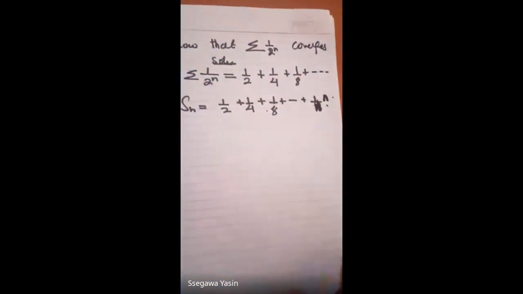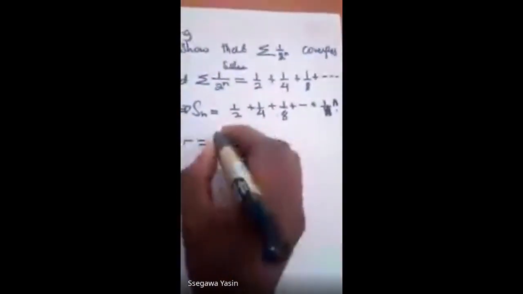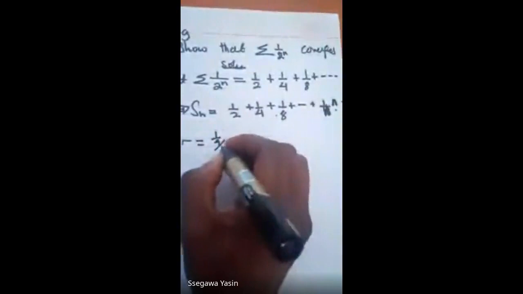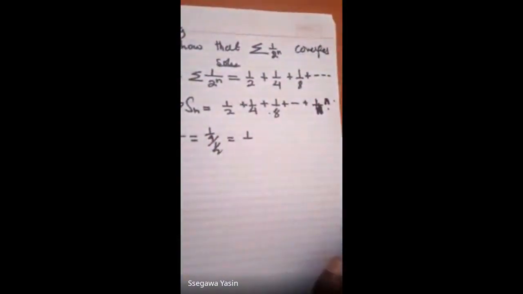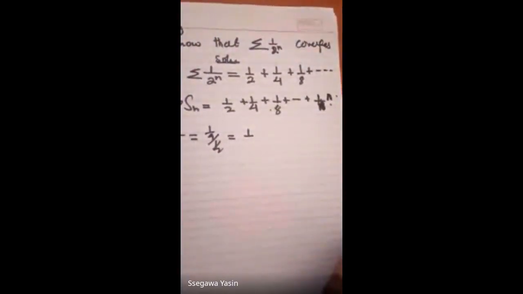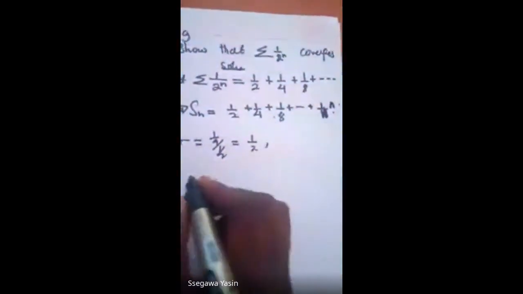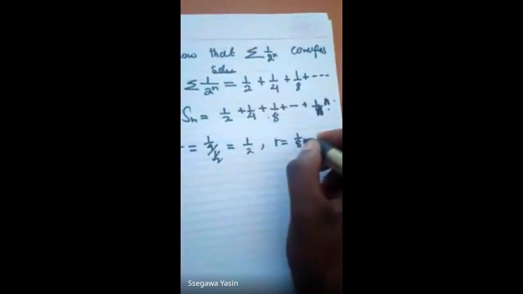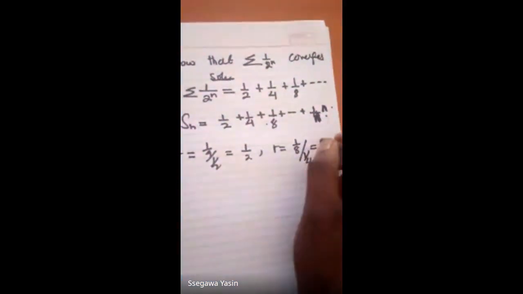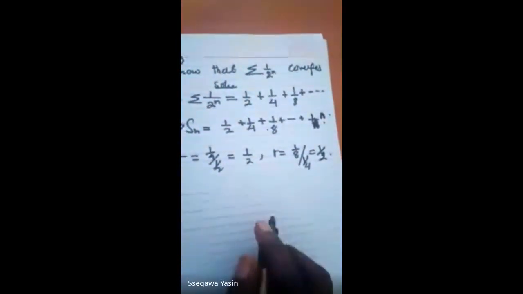And in this case, we are saying that our R, the common ratio, is 1 over 4 divided by 1 over 2, which is 1 over, tell us what is this? A half. Also, R is the same as 1 over 8 divided by 1 over 4. I think we shall still get a half. So you see that we are having a common ratio.